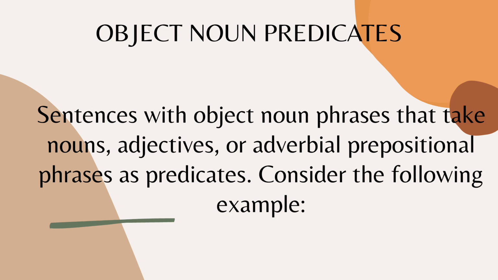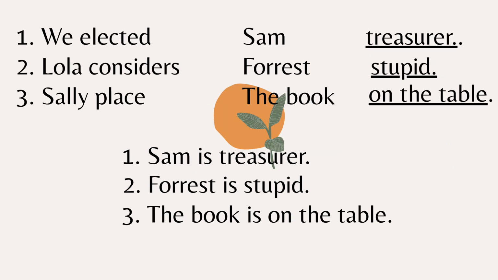Sentences with object noun phrases take nouns, adjectives, or adverbial prepositional phrases as predicates. So we have three examples. Number 1, we elected Sam treasurer. Lola considers Forrest stupid. Sally placed the book on the table.